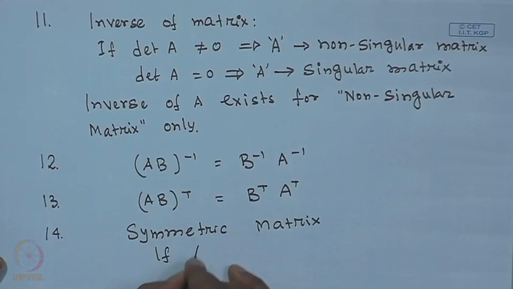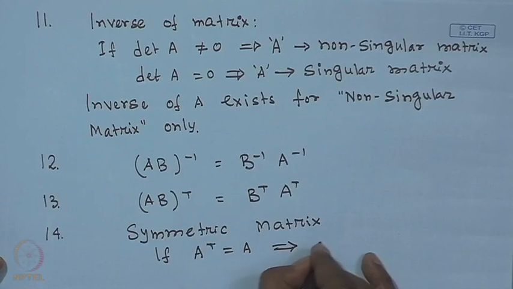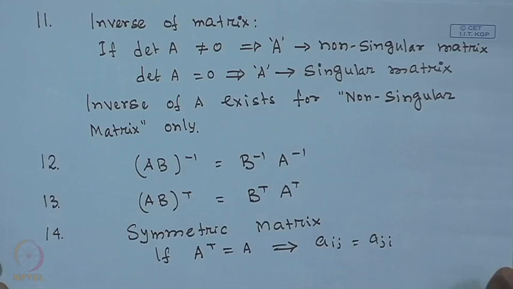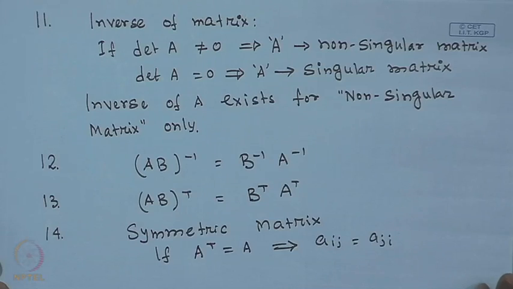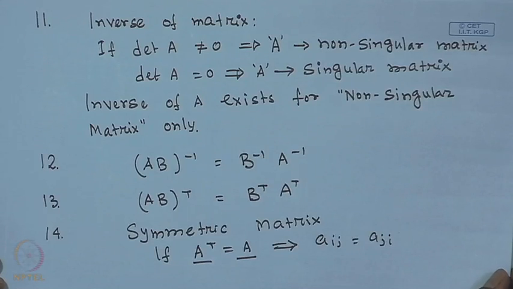If A transpose is equal to A, then A i j is equal to A j i, and we call the resultant matrix A the symmetric matrix. That means, rows and columns, even if they are interchanged, there is no difference between the two, and they are absolutely symmetric.